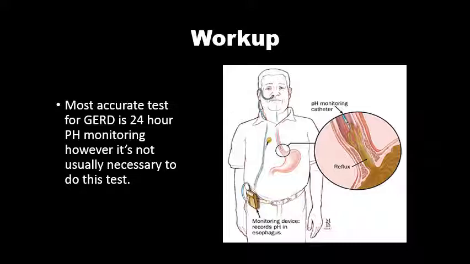Normal endoscopy cannot help to exclude reflux disease, but you do endoscopy even in a patient with GERD and alarm symptoms. However, you tend to keep this test as a last resort because we initiate proton pump inhibitors usually right away.